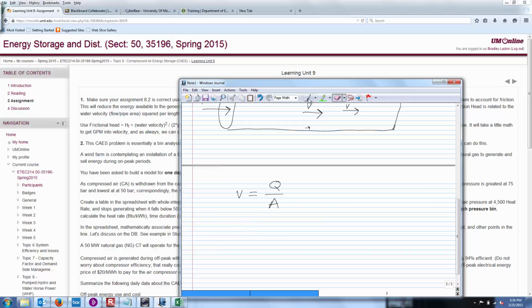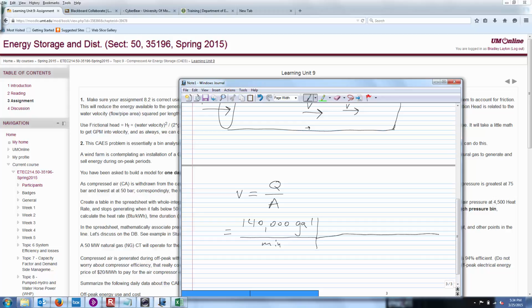And what's the value of Q? How many gallons per minute? 140,000. 140,000 gallons per minute. I probably wrote that too big, but that's okay.